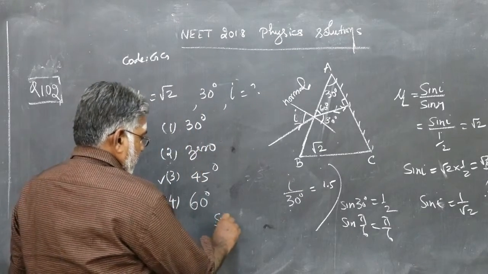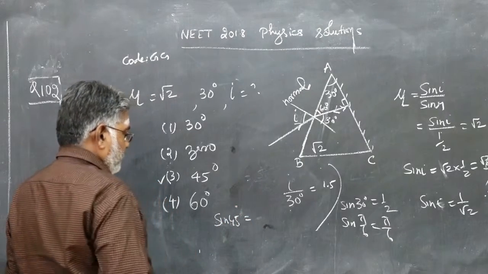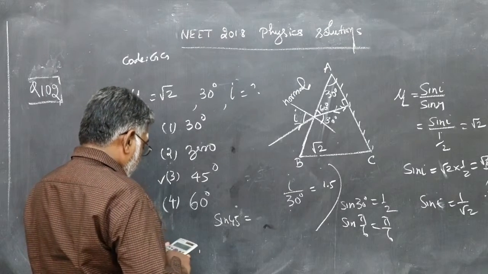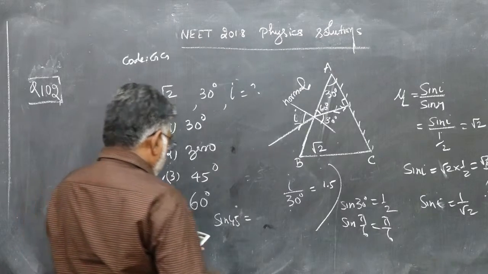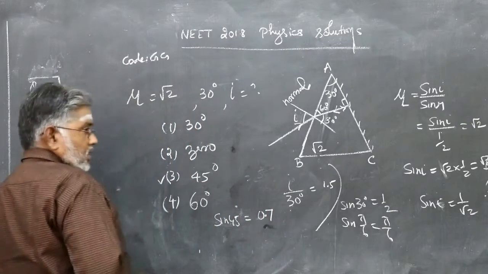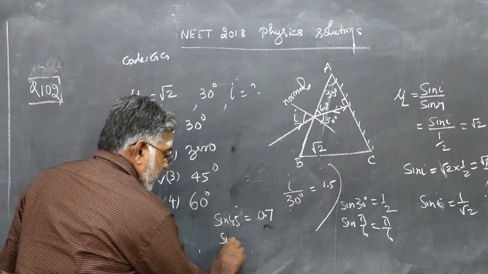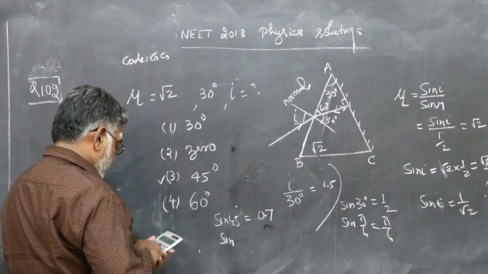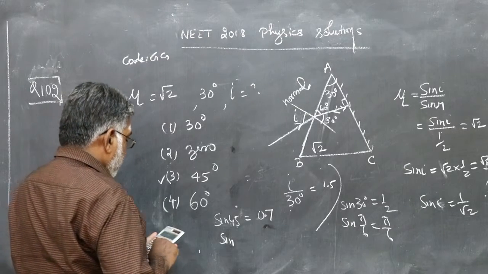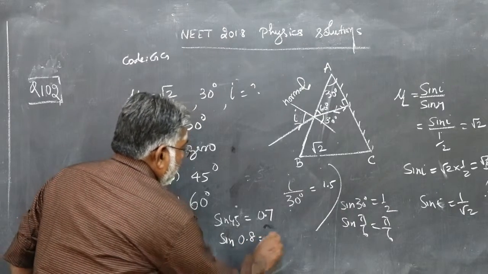Similarly, see sin 45 degree, you are getting 0.7. But this 45 degree in radian is 0.8 in radian.